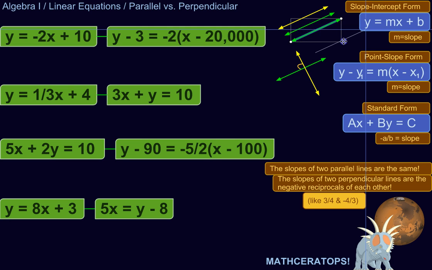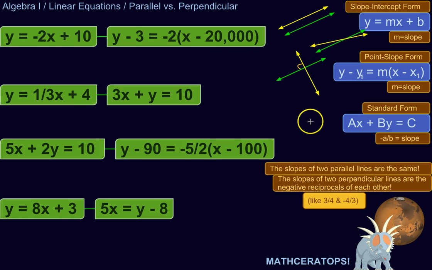This line and this line are neither perpendicular nor parallel. They just cross. So what are the slopes of these kinds of lines? Two parallel lines will have the same slope, the same steepness. The slopes of perpendicular lines will be the negative reciprocals of each other.